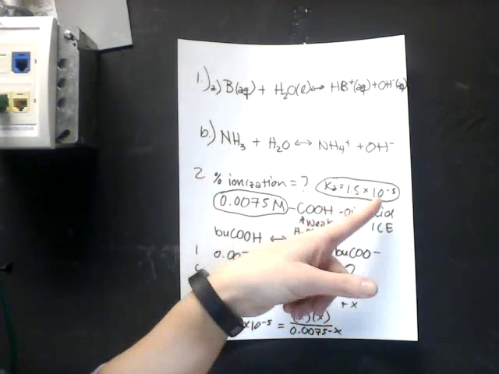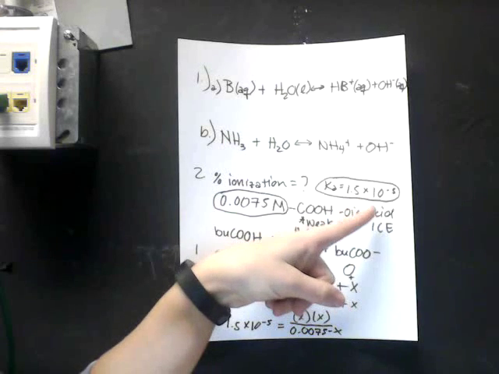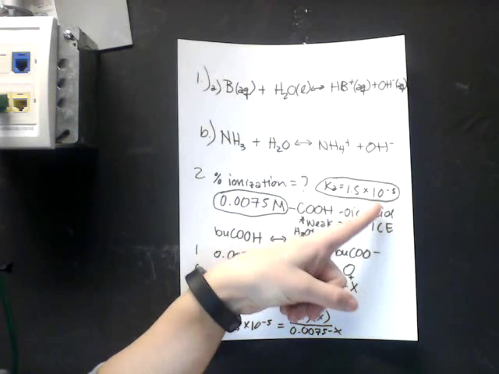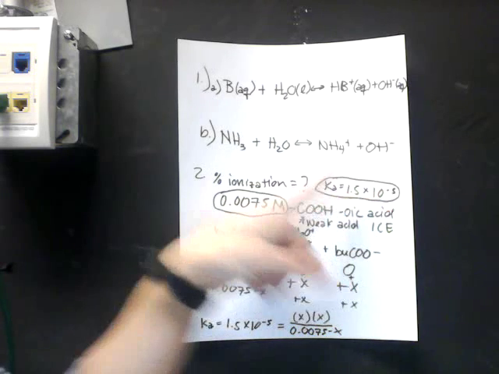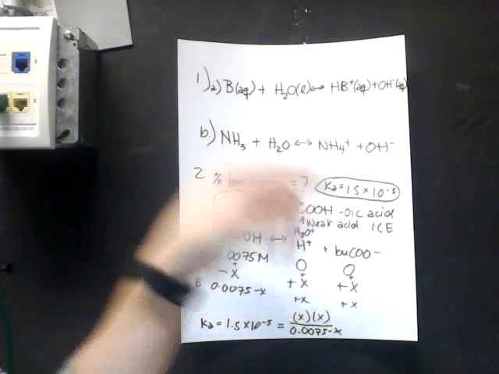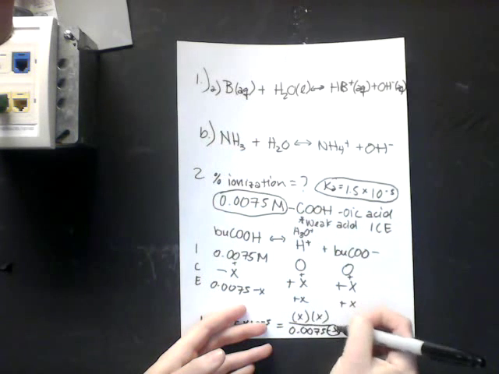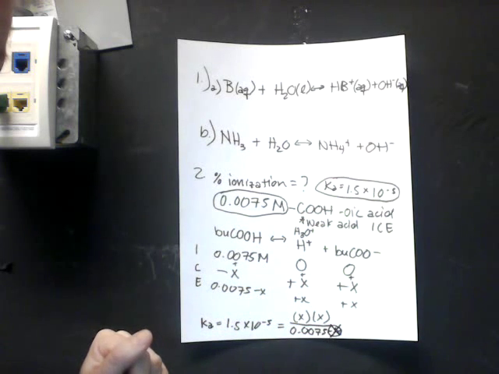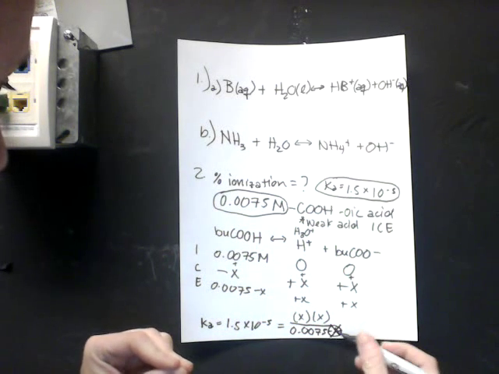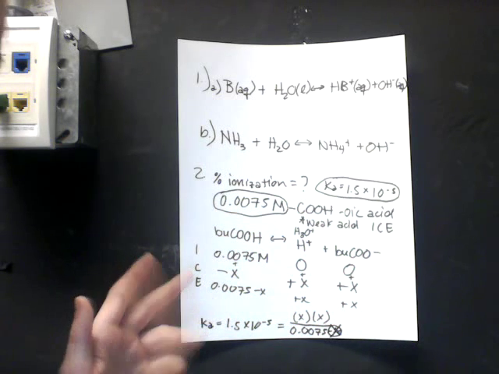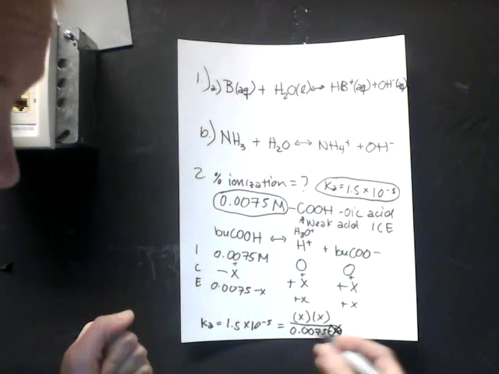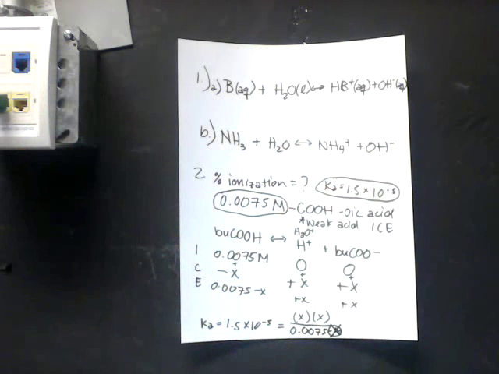This value is 10 to the negative 5, so since it is smaller than that value, we can assume we can cancel that out. Because it's so small, X is assumed to be so insignificant to subtract from this number, right? So in this case, we can do the shorthand and get rid of that X, okay?